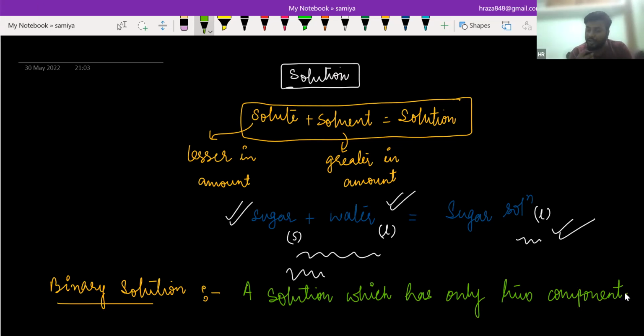You can also have tertiary solution, containing three components, and quaternary solution, containing four components. But in our syllabus, we will study only binary solution, that means only one solute and another solvent. Okay.